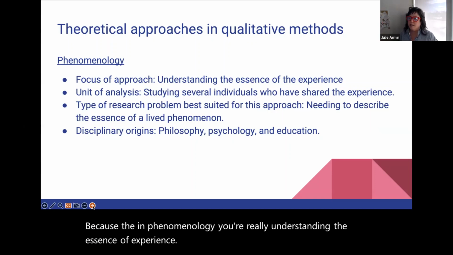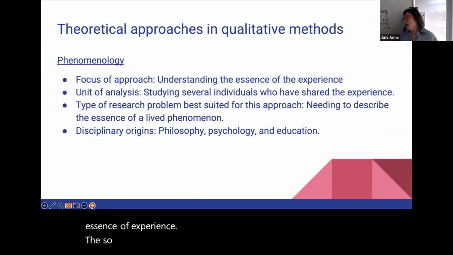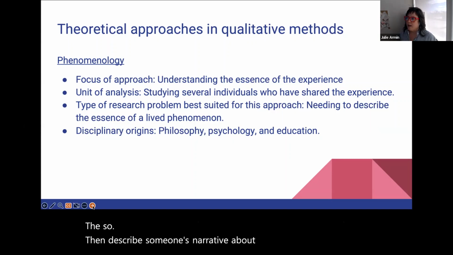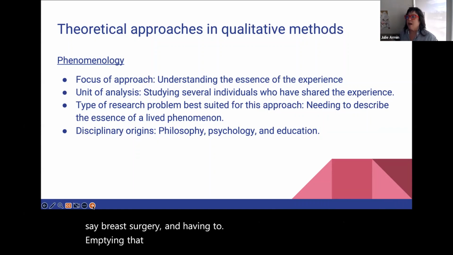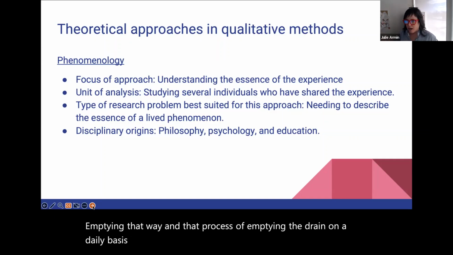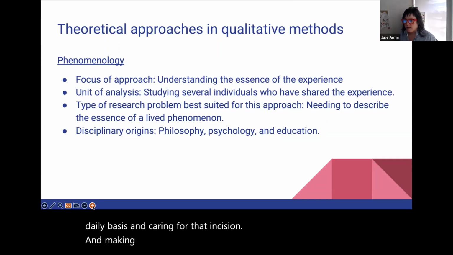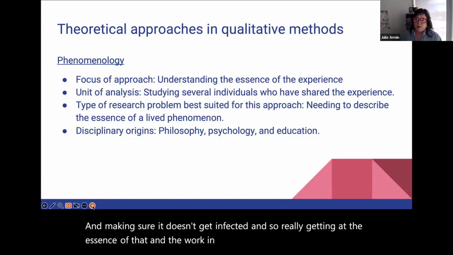You can describe someone's narrative about having a drain after surgery, say breast surgery, and having to empty that drain, and that process of emptying the drain on a daily basis and caring for that incision and making sure it doesn't get infected. And so really getting at the essence of that and the work involved in that.